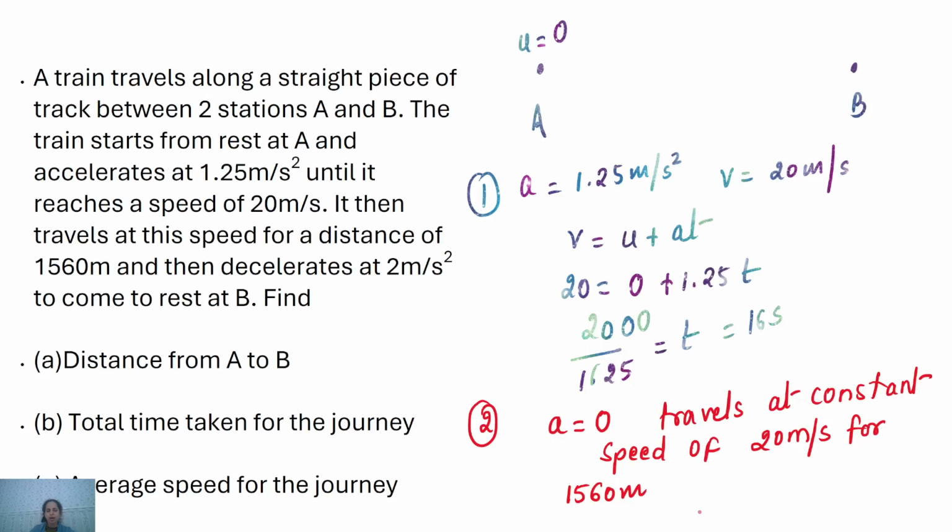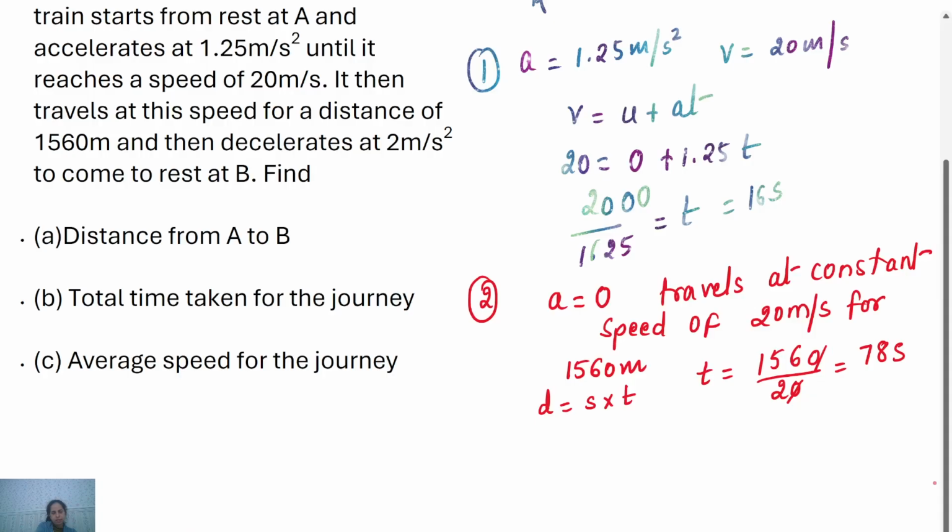I can. Because acceleration is 0, it's now just simple: distance equals speed times time. So I'm just going to calculate time by dividing distance by speed, which gives me 78 seconds. So it was moving at 0 acceleration for 78 seconds.